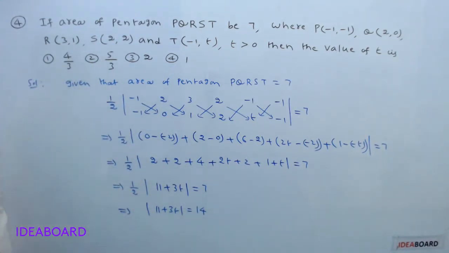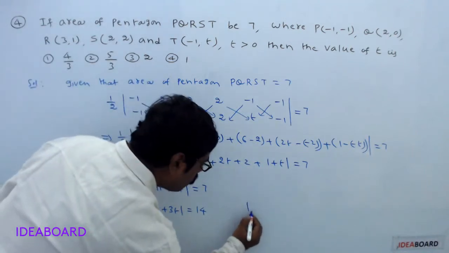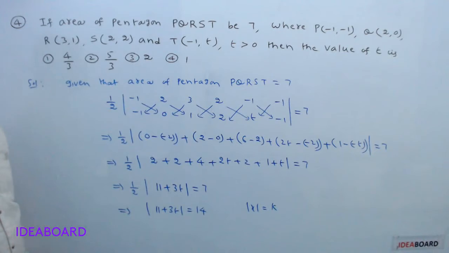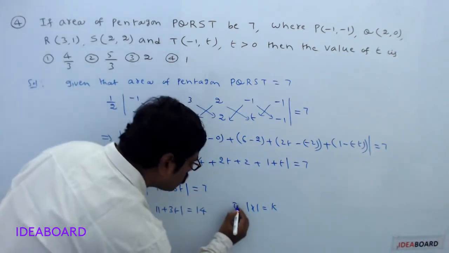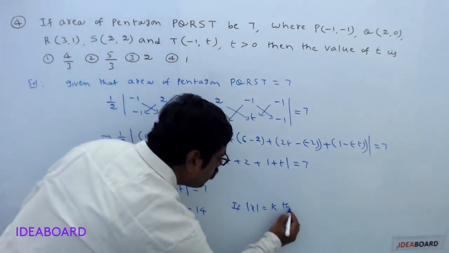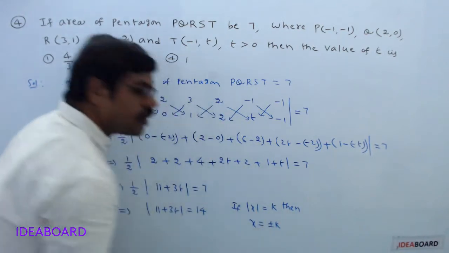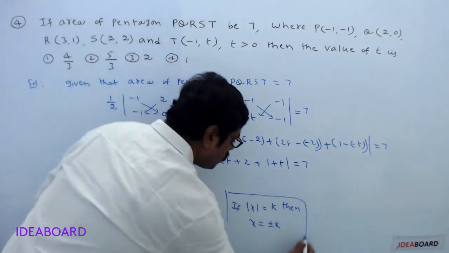Now this equation is of the form mod x is equal to some constant k. If mod x is equal to some constant k, then x equal to plus or minus k.